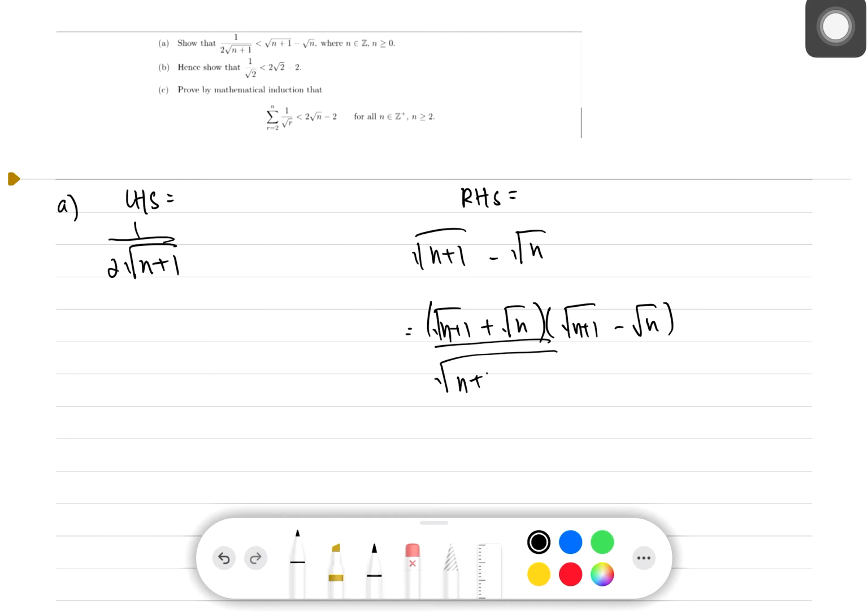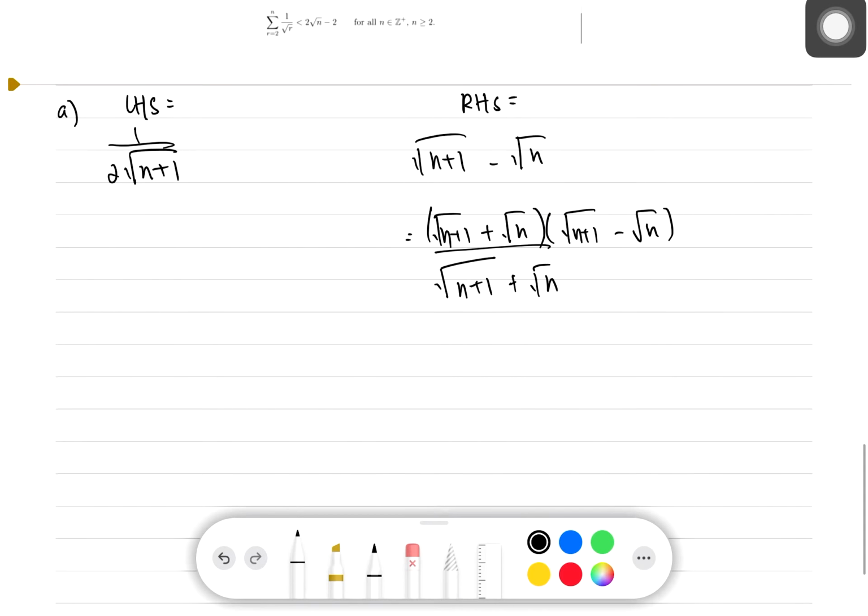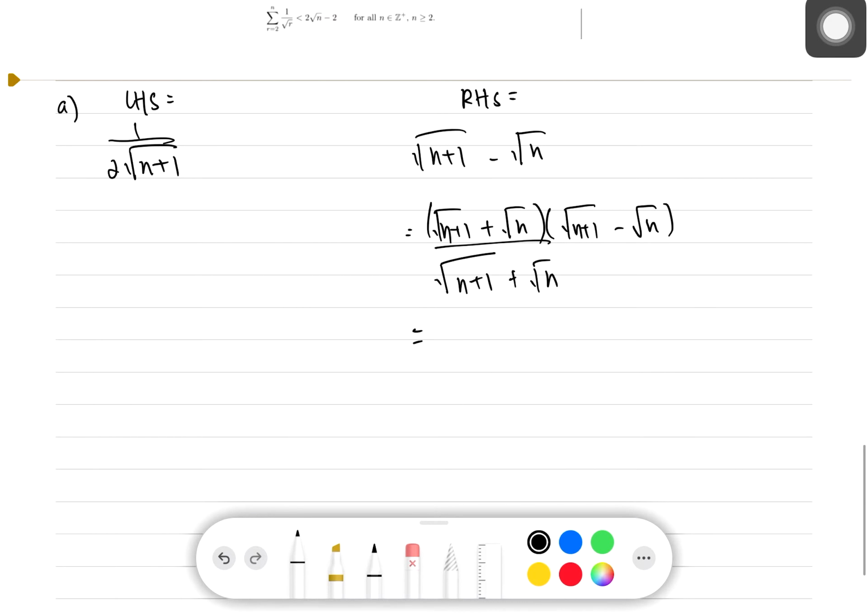As you can see, the value is not affected because we're multiplying the same thing in the denominator and the numerator. The expansion of this gives 1 over root n plus 1 plus root n.